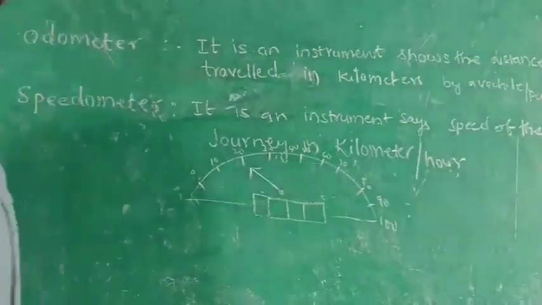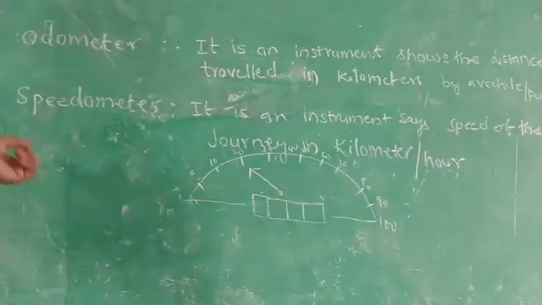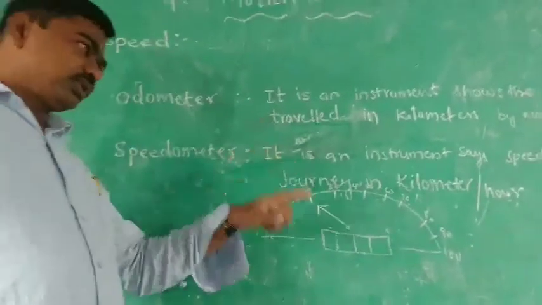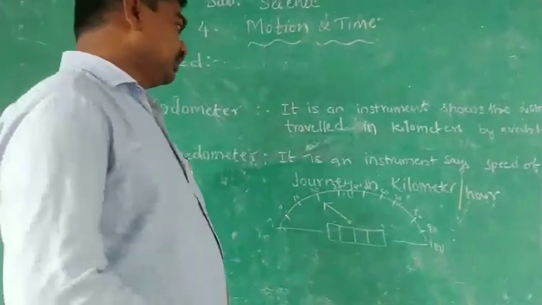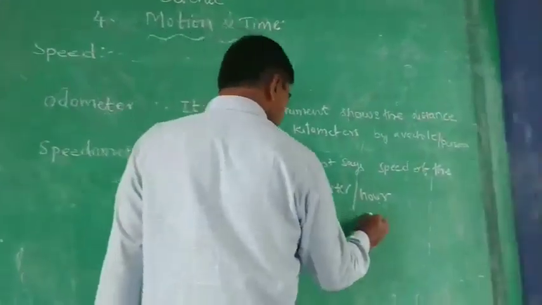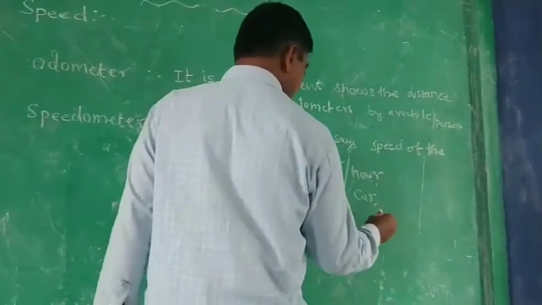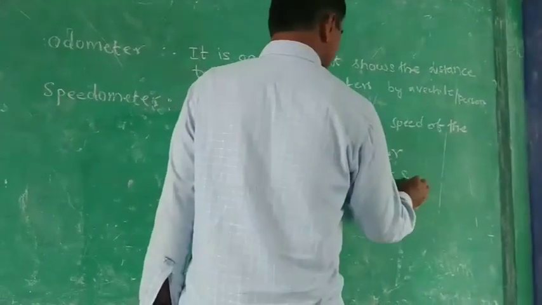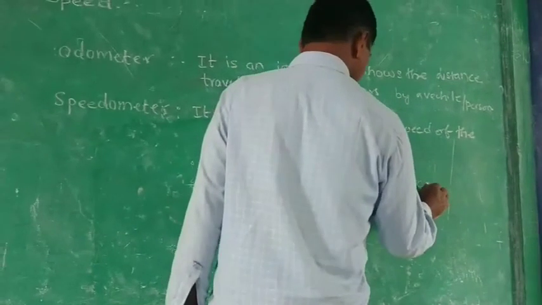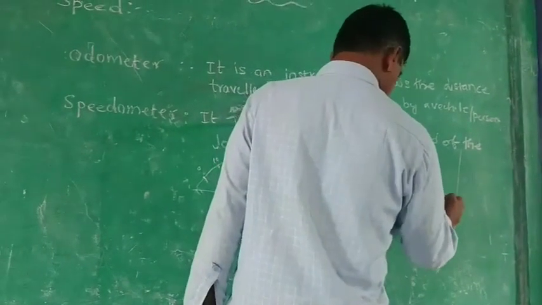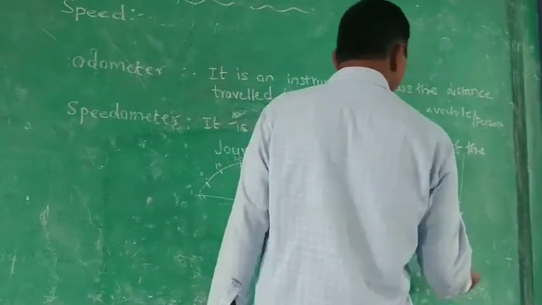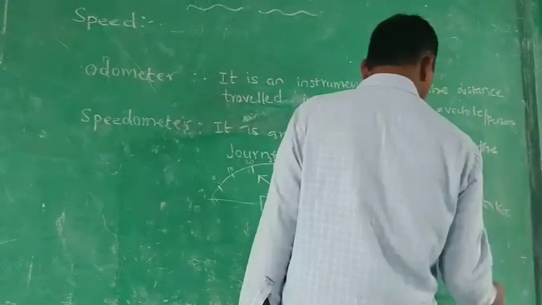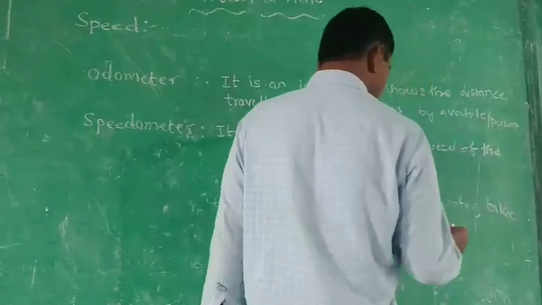This instrument shows about the vehicles which have these. Write the names of these. A car will have miles per hour, a scooter, a bike, all the motor vehicles.